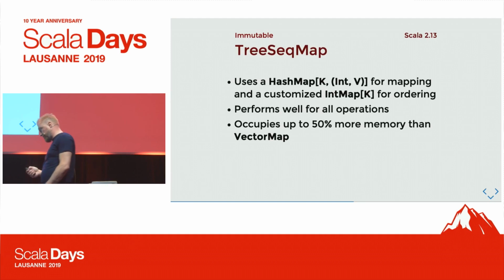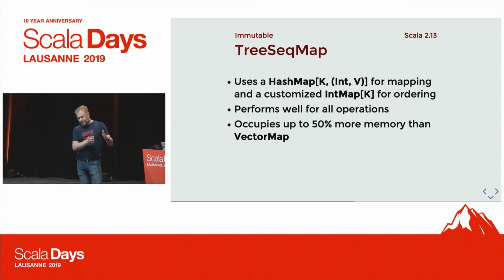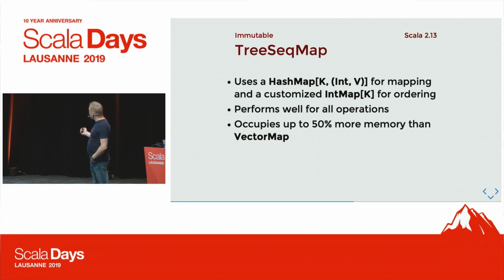But the thing is that the tree map isn't optimal for this case. If you want to have a mapping from ints to keys, there is a better collection already in Scala, and it's the int map. So with this one you only need to send in the key type, because the int is already understood as the key.